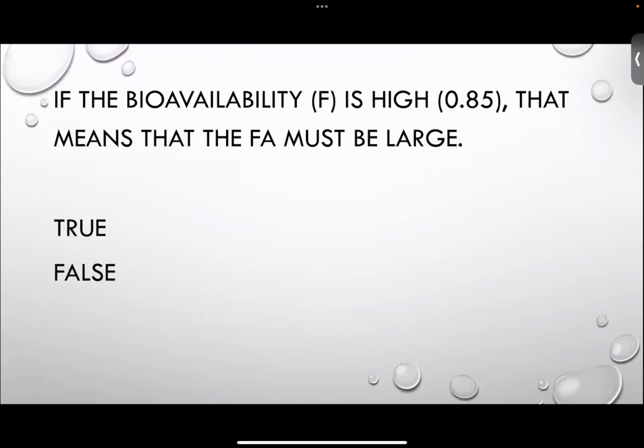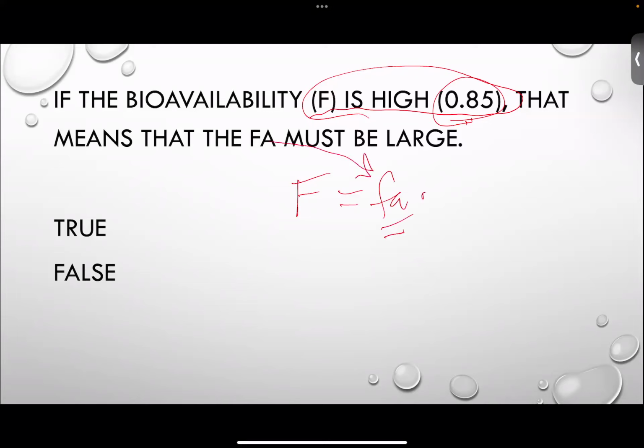Okay, first of all, if the bioavailability of F is high, so F is high at 0.85, that means that the FA must be large. Well, let's think about that. F is equal to FA, fraction absorbed, which is what we're interested in here, FG, and FH.